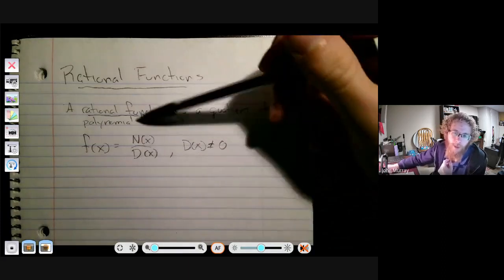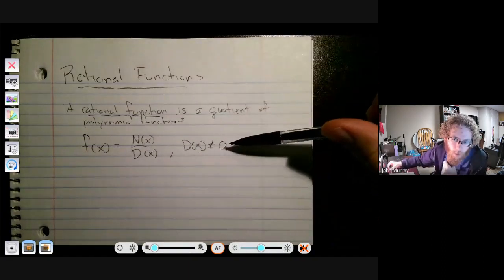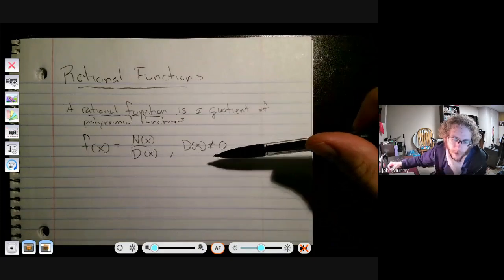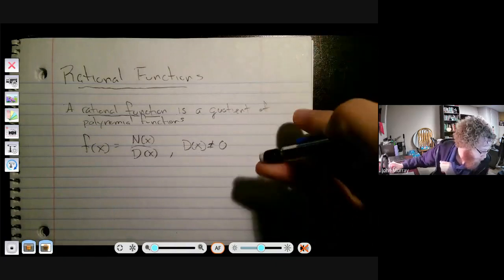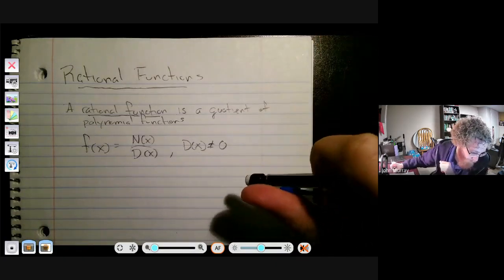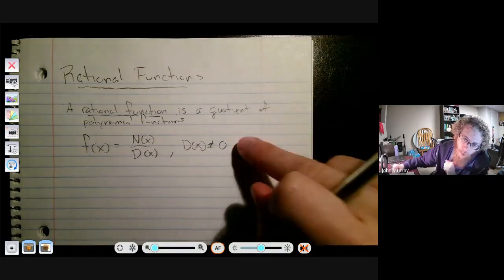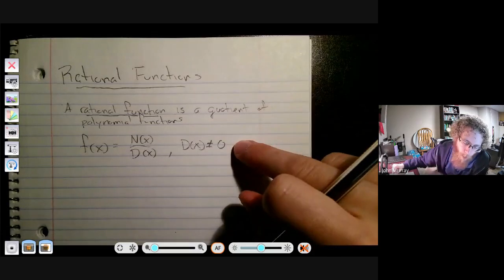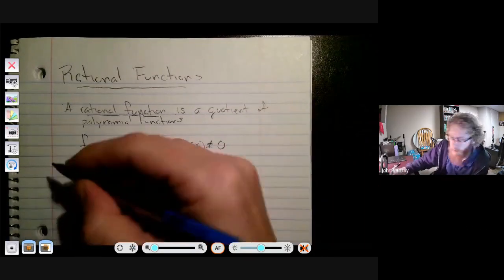If you have a situation like that, then that is a rational function. And as always, we can never have 0 in the denominator, so your denominator function can't be the 0 function. So with that comes a big part of our rational functions.